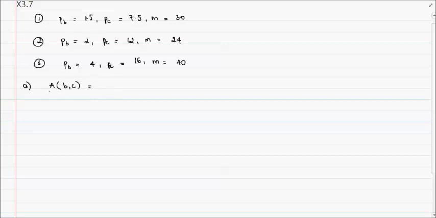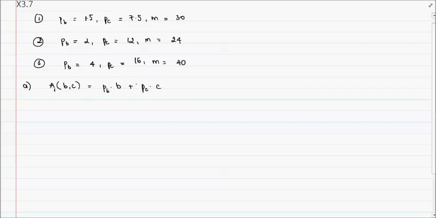So in the first case, A1 is going to be equal to the price of good B times the amount of good B, which is B, that you would like to consume, plus the price of good C times the amount of good C, which is C, that the consumer would like to consume.